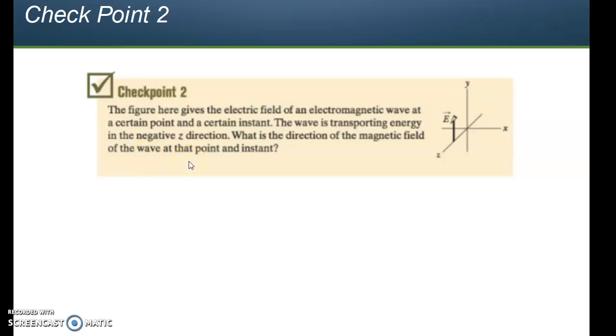If you think about that, you will come up with the positive x direction. The positive x direction. So anyway, we will stop there and begin with the next one after this particular section.